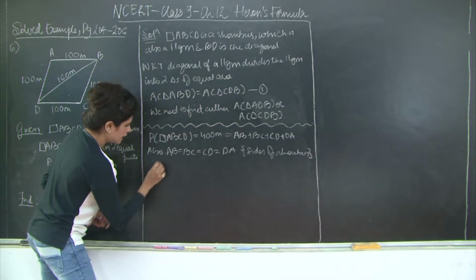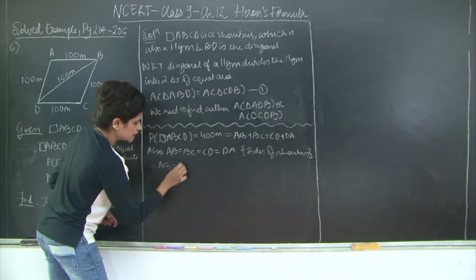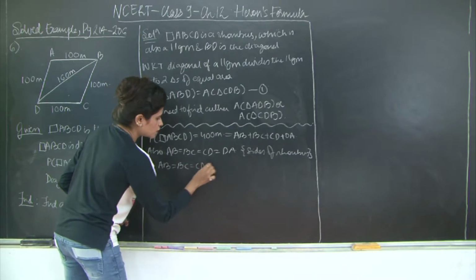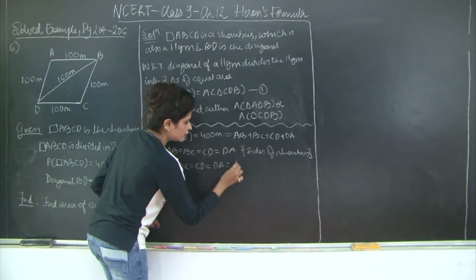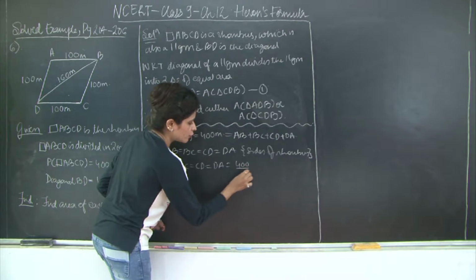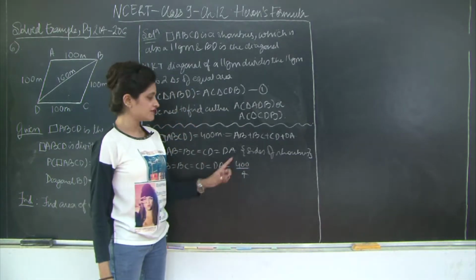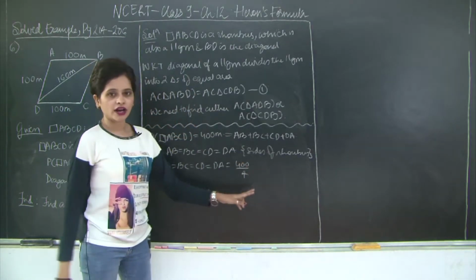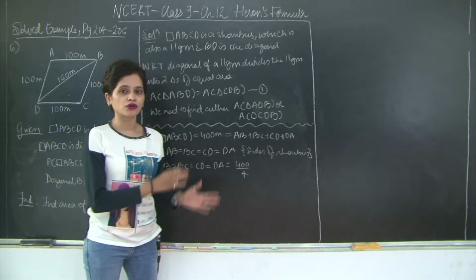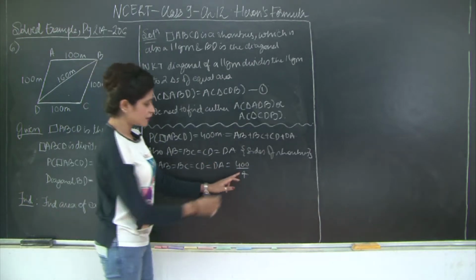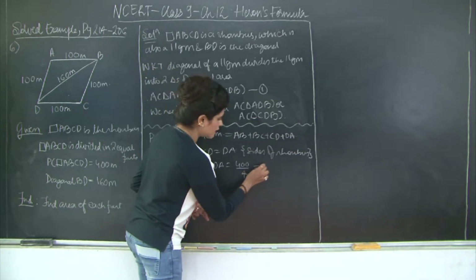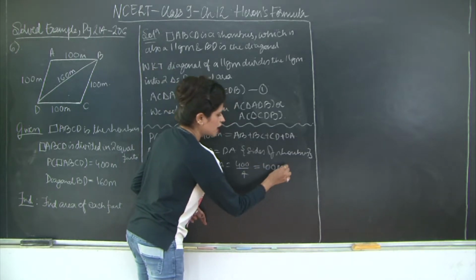Therefore, AB is equal to BC is equal to CD is equal to DA, which is going to be 400 divided by 4. Why? Because the perimeter is 400 and the perimeter is divided into 4 sides of equal length. Therefore, 400 divided by 4. So each side is going to measure how much? 100 meters.